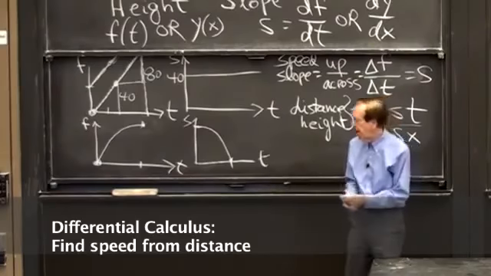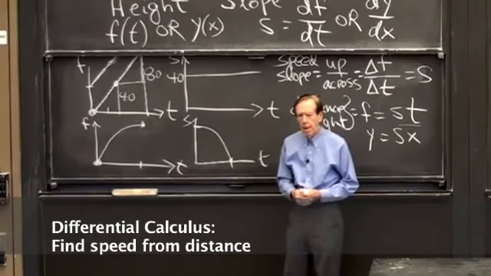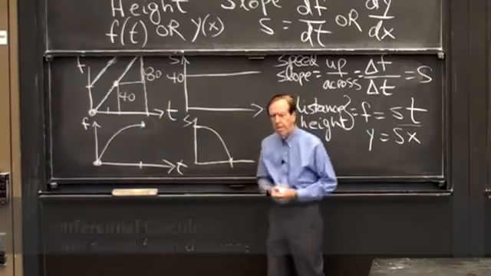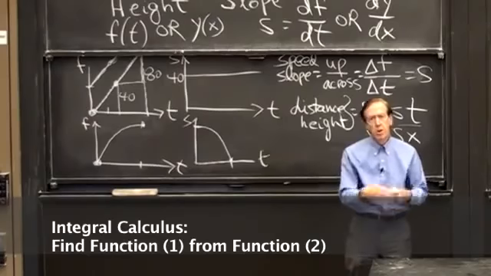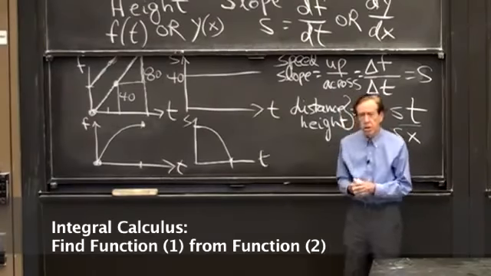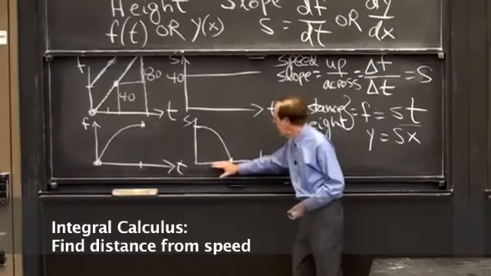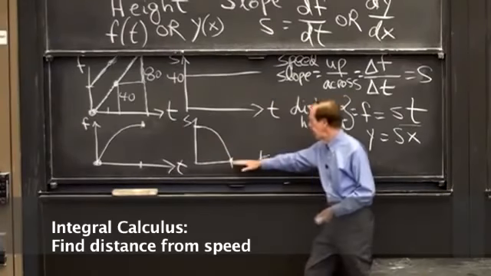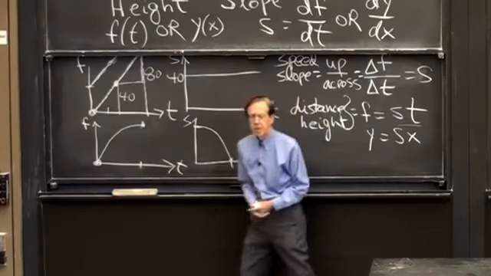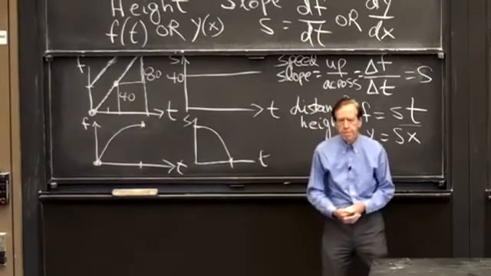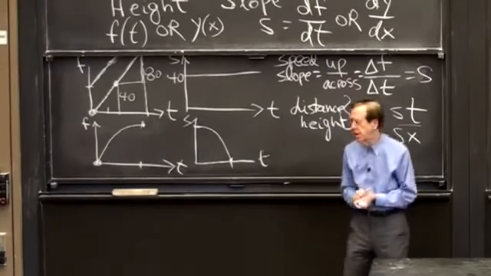Big, impressive word anyway. Finding the speed. Going the other direction is called integral calculus. The step is called integration. When you take the speed over that period of time, you recover the distance. So it's differential calculus in one direction, integral calculus in the other.